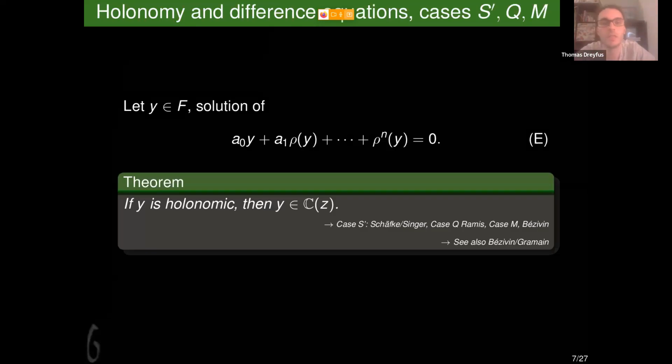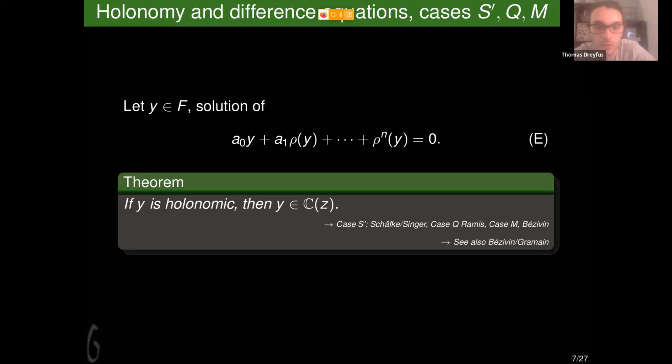So let me give some reminders of already known results. The first natural question is to deal with the dichotomy between being holonomic and being non-holonomic. Let y be a solution of a linear functional equation. The theorem says that either f is rational or y is non-holonomic.